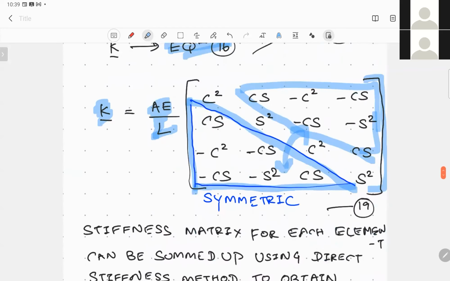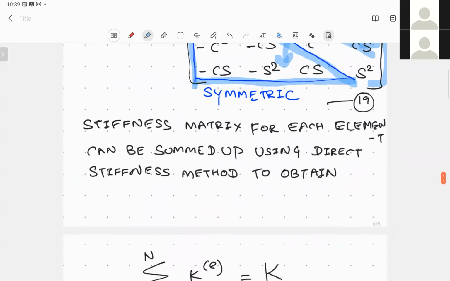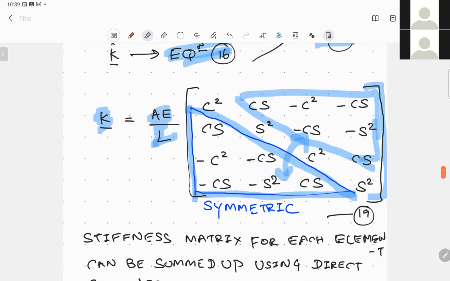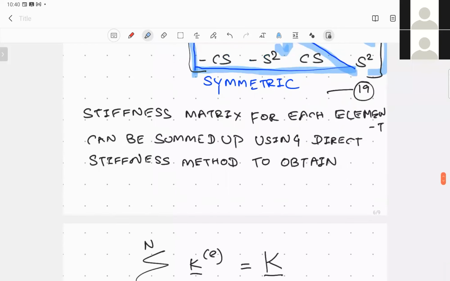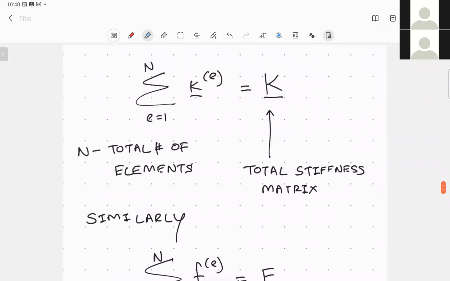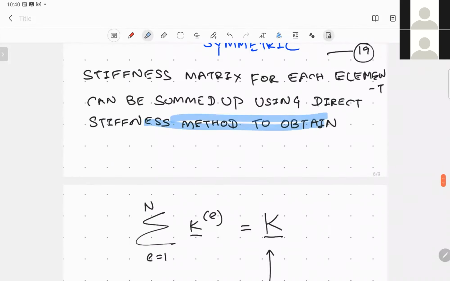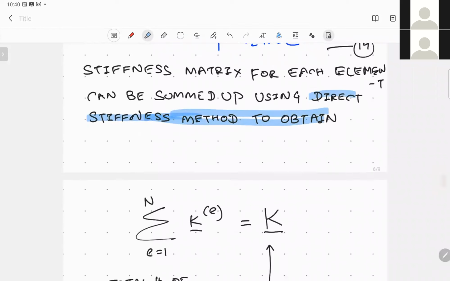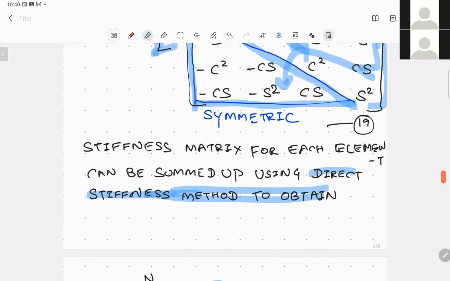You would see that, since you have expressed the stiffness in the global coordinate system, you can now sum up different elements to obtain the total global stiffness matrix for the whole structure using the direct stiffness method. So for each element, you have now defined the stiffness matrix in the global coordinate system.